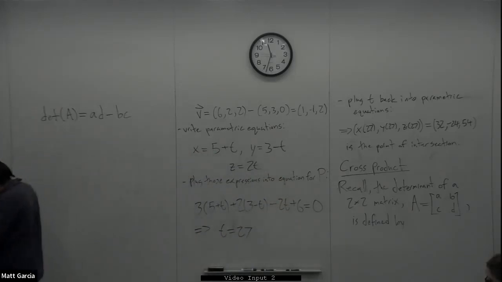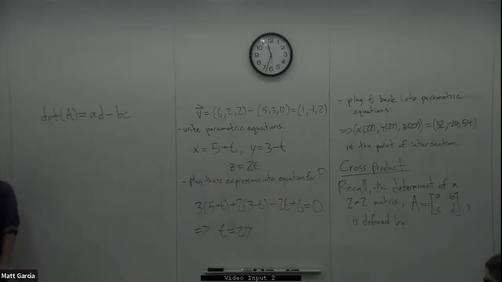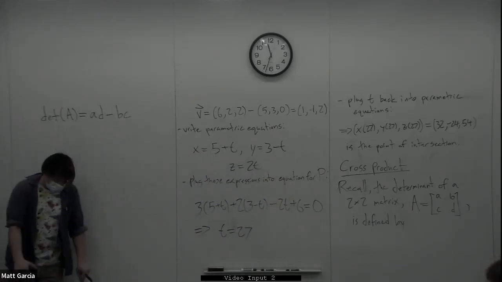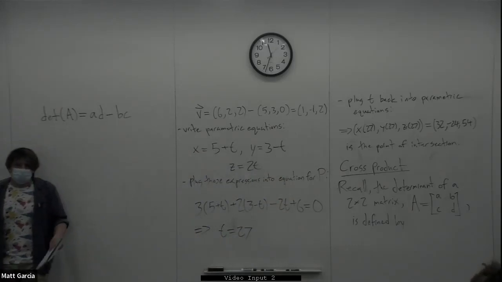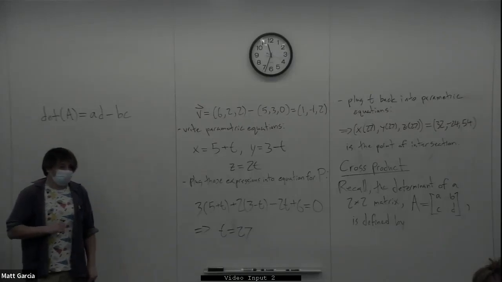So before we actually get to the technical details of computing a 3 by 3 determinant, we'll start with that tomorrow. Let me just tell you a little bit about the cross product in the next 2 minutes. Here's what the cross product does conceptually. You're given 2 vectors in R3. And what the cross product returns is a vector in R3, which is perpendicular to both of those vectors that you put in.